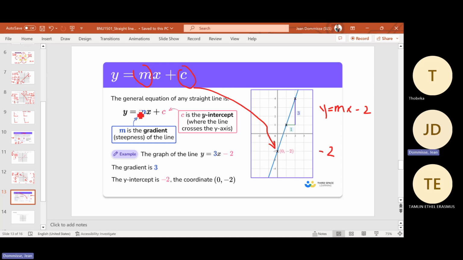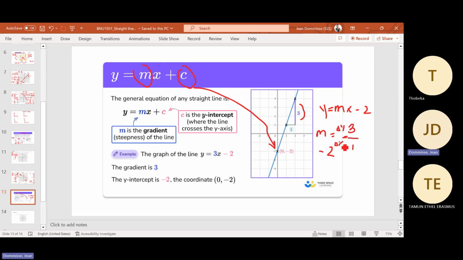Okay, so what they've done with this example is that they already have shown you the change in y is 3, and the change in x is 1. So they already nearly gave the m that you needed.